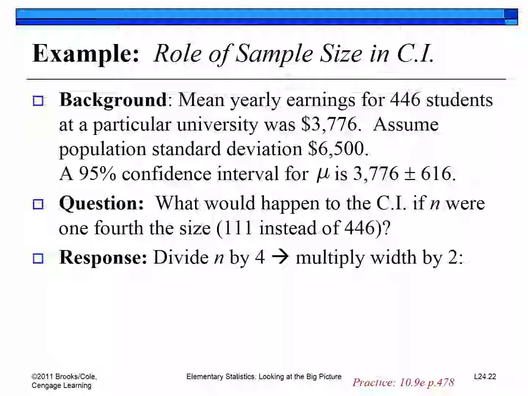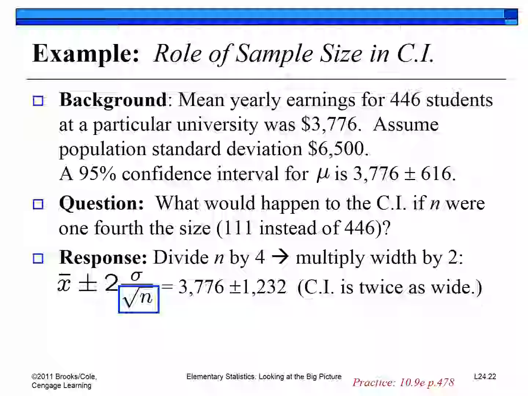Dividing n by 4 multiplies the width by 2, because if we divide the n under the square root in the denominator by 4, that multiplies by the square root of 4, which is 2. So that will double our width.